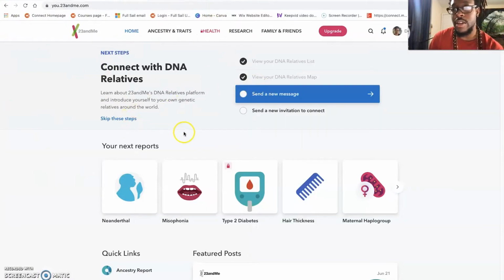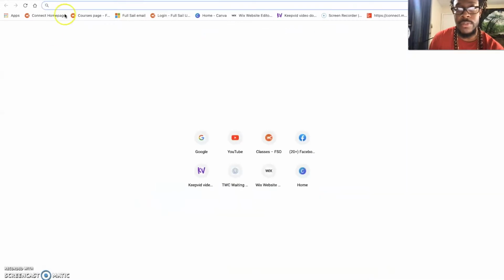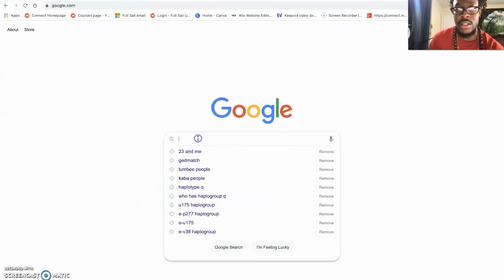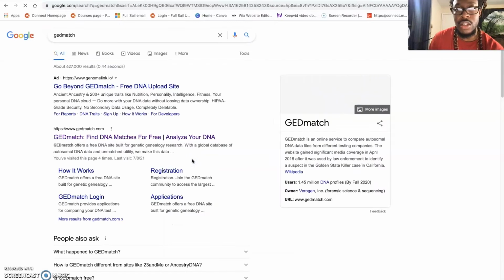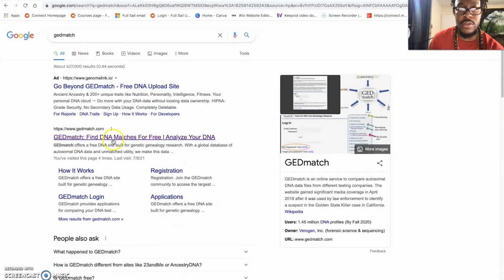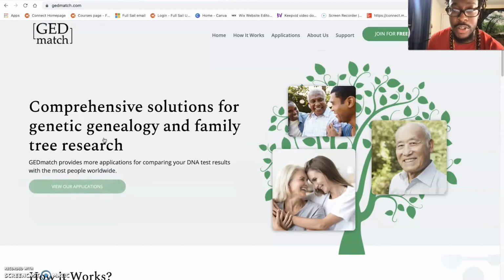Alright guys, so after you get your results, it's best for you to go over to GedMatch, where people get their results from other companies like Heritage, Ancestry, and they upload their kit on here, and that way a lot of people can compare their DNA through this database right here.